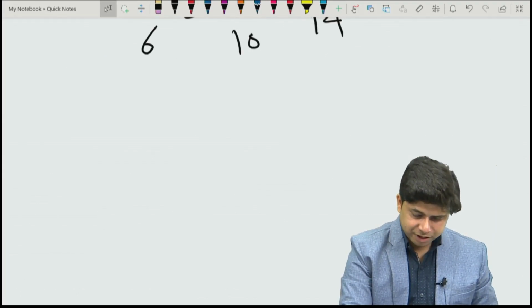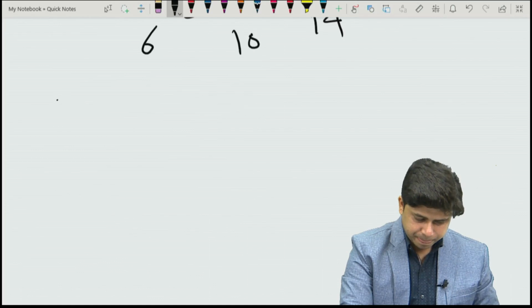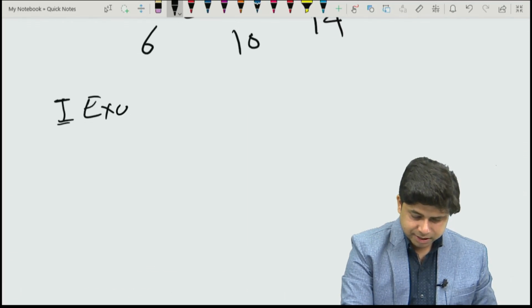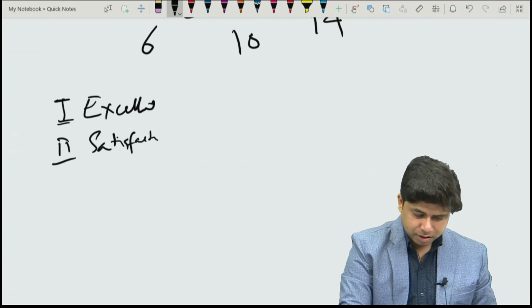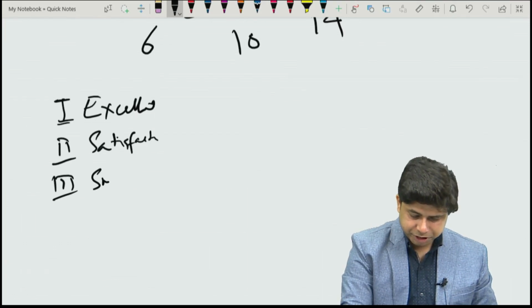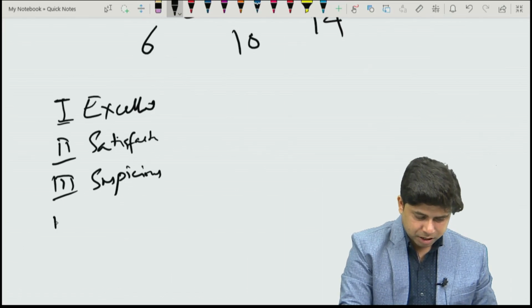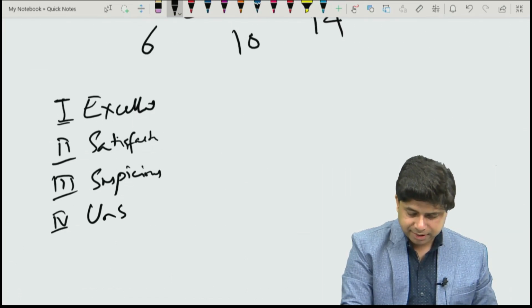The class of the drinking water can be class 1 or very good, which is excellent. Class 2, which is satisfactory. Class 3, suspicious. Class 4, unsatisfactory.